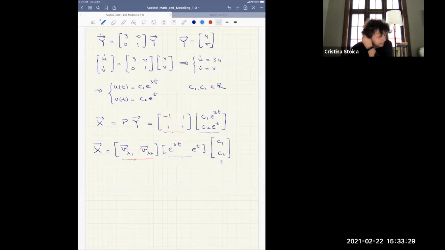So if we write it in this way, we end up with x of t, y of t, and you'll see why I did it this way. We can read it as C1 v lambda 1 e^(3t) plus C2 v lambda 2 e^t.